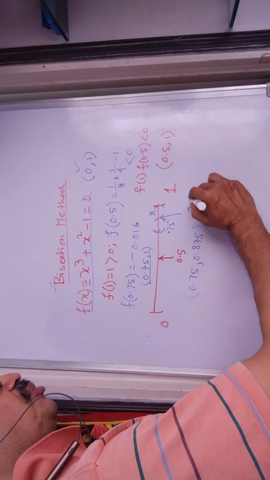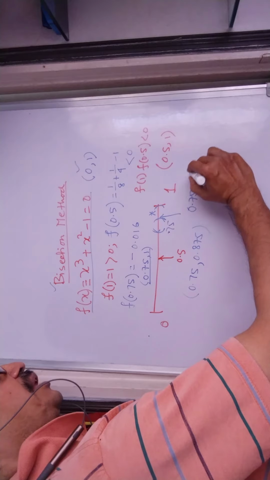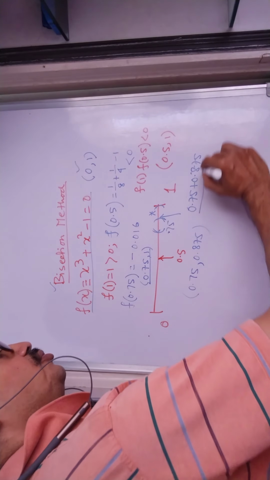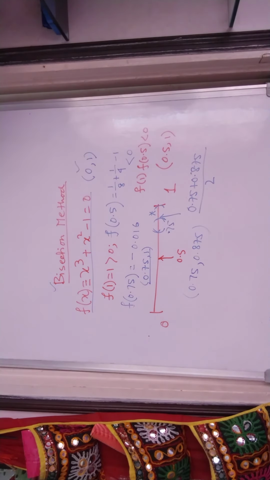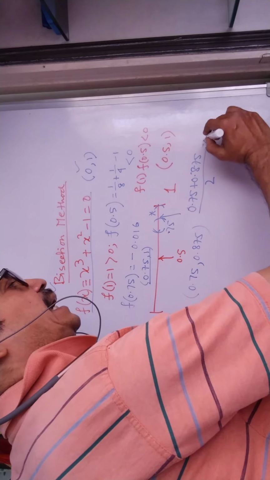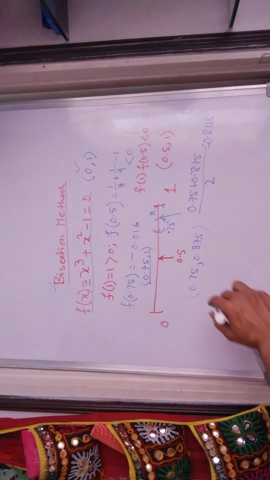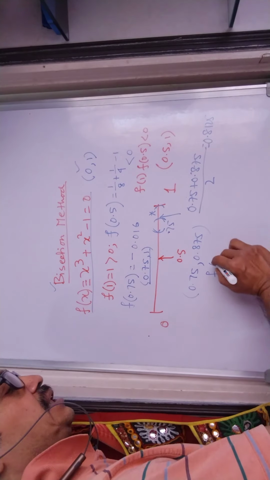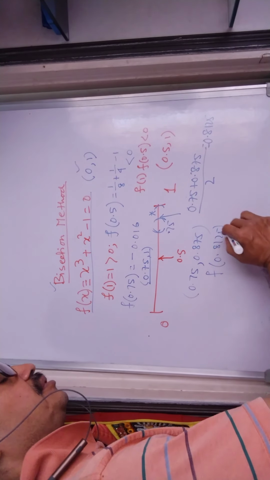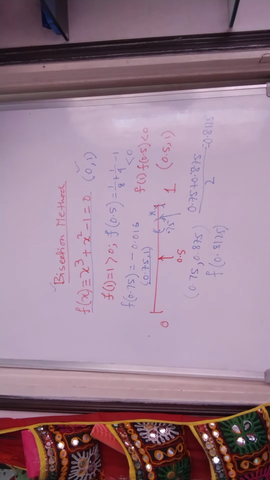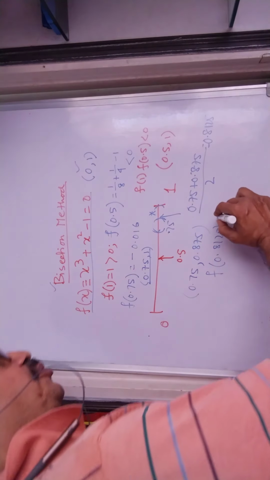What is the middle point of this interval? It is obviously (0.75 plus 0.875) by 2. It comes out to be 0.8125. And again we should calculate f(0.8125), only to find that f(0.8125) is positive.